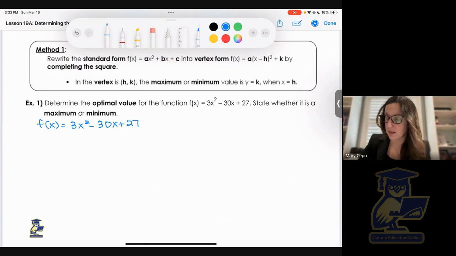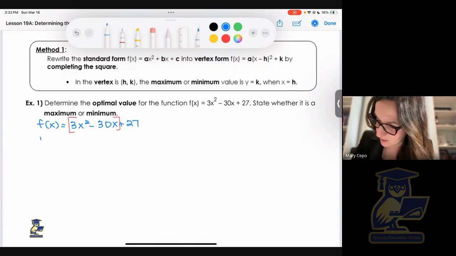Okay, so step one is you want to put square brackets around your x terms, like so. Now the job is, again, to go from standard form to vertex form by completing the square. The first thing we always do is put square brackets around our x terms. Then we factor out only the coefficient of x² from both of those terms in those square brackets.